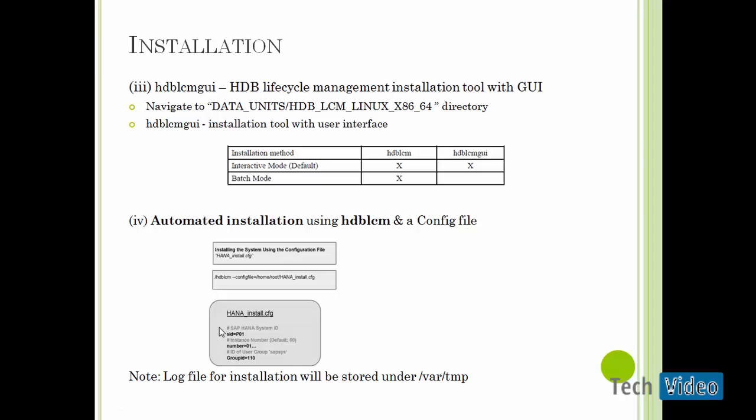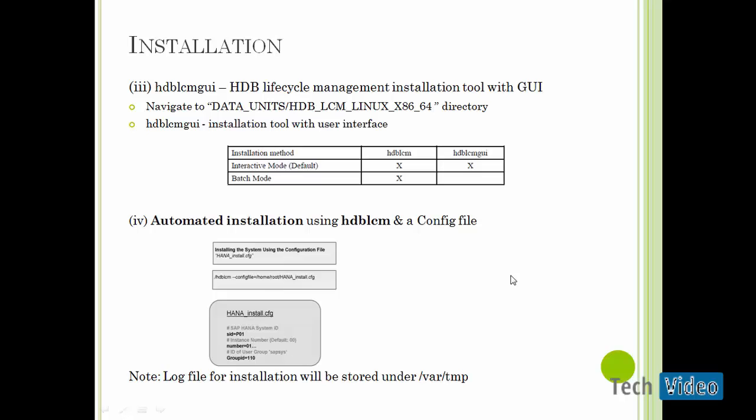You can mention all the values, like for example the user passwords, the installation path, the data volume and log volume path. Everything can be furnished in this hana_install.cfg configuration file, and you have to run the installer by feeding this configuration file using --configfile equal to the path of the configuration file.